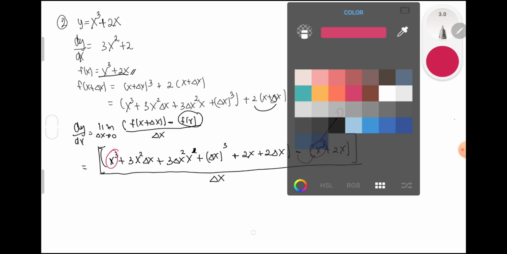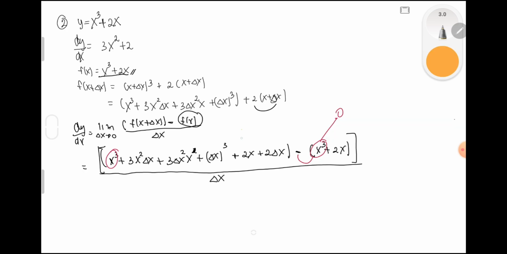And then of course we have our positive 2x minus 2x, which is also equal to 0.